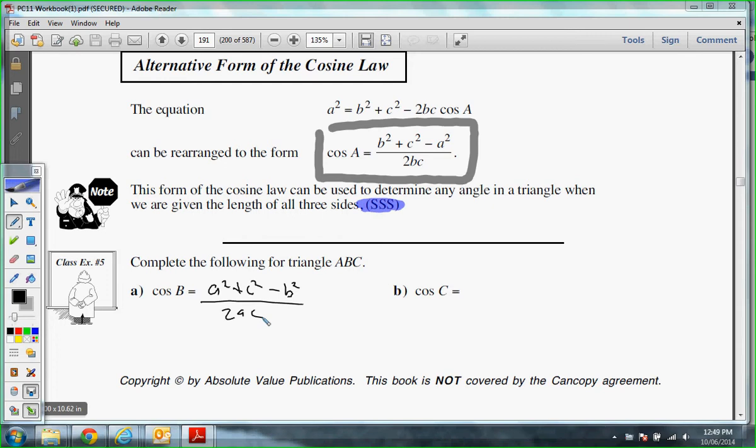Hopefully you're noticing the pattern. You won't have any angles. The other one would be cosine C equals B squared plus A squared minus C squared all over 2AB.